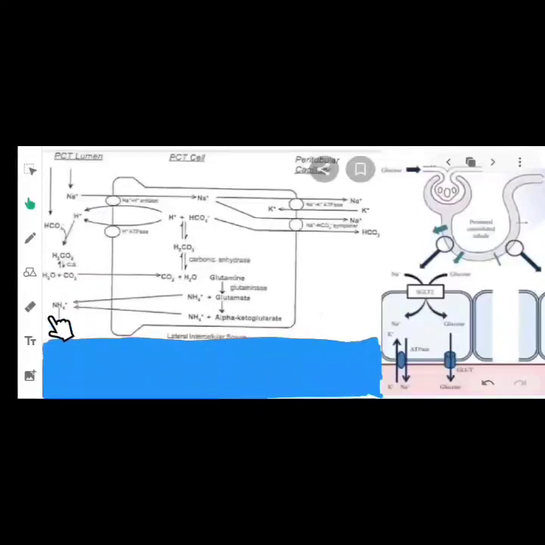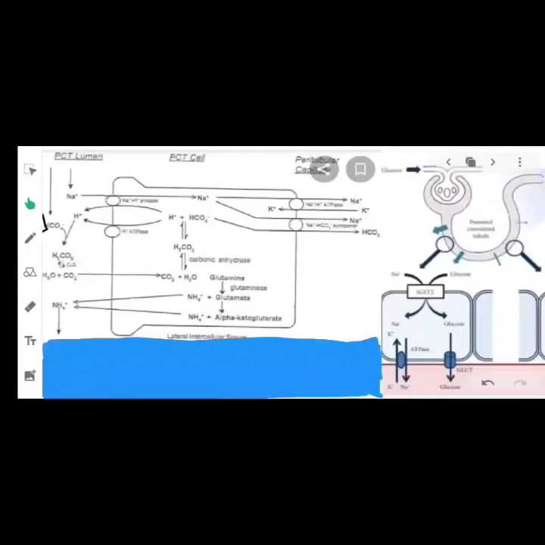This is the filtrate. This is the lumen, this is the cell, and this is the capillary. Here in the filtrate, bicarbonate is present usually as sodium bicarbonate. So what happens first?